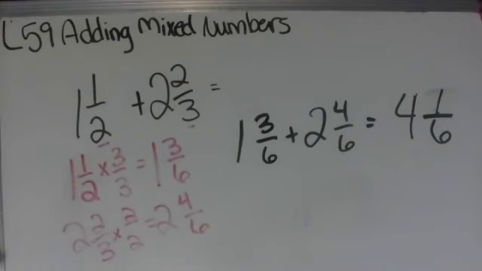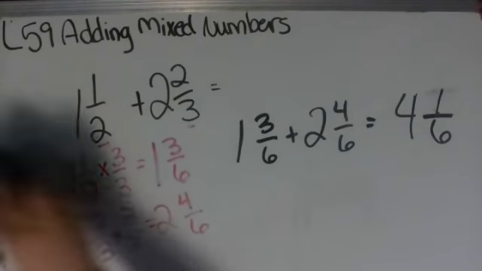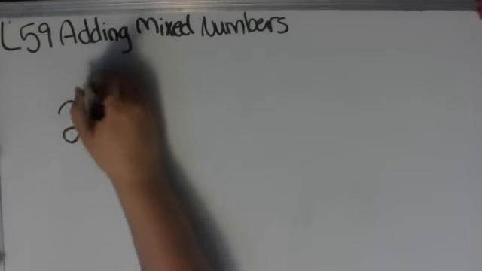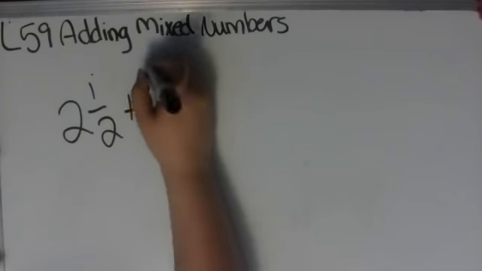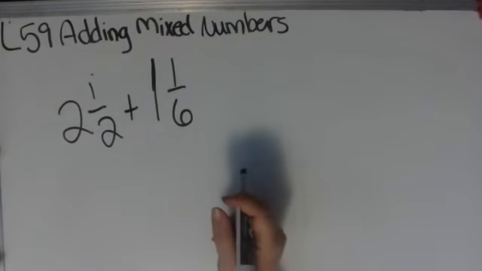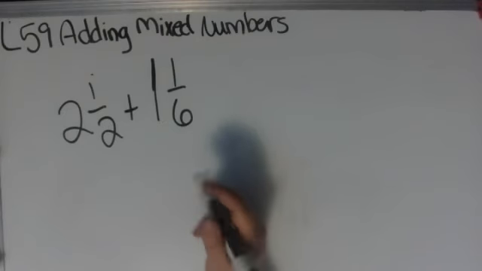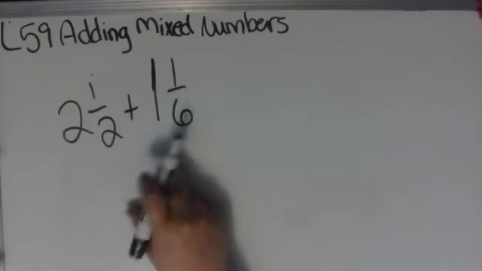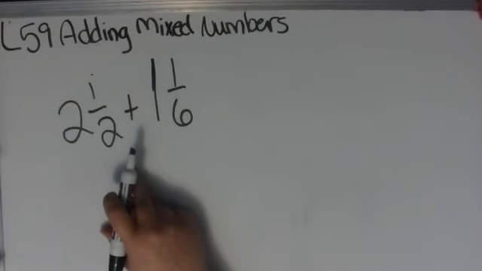So what you're doing for this lesson is taking everything you've already learned and putting it into practice. We're going to do one more. This one is going to be 2 1/2 add 1 1/6. For this one, I only actually have to change this number because I can make 2 into 6 by timesing 2 by 3. 2 times 3 is 6.